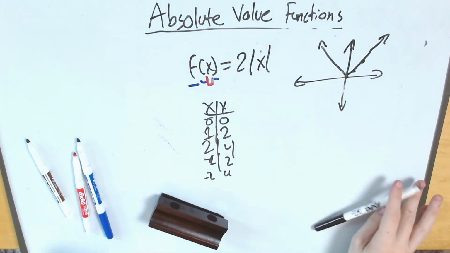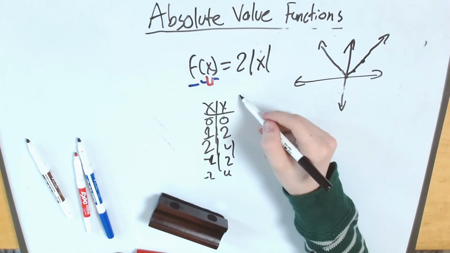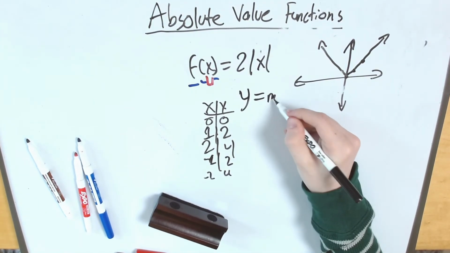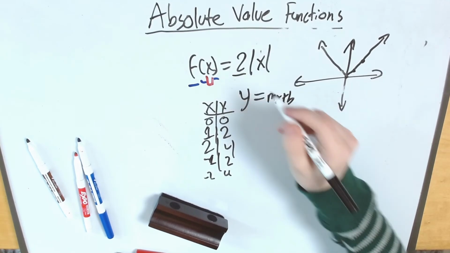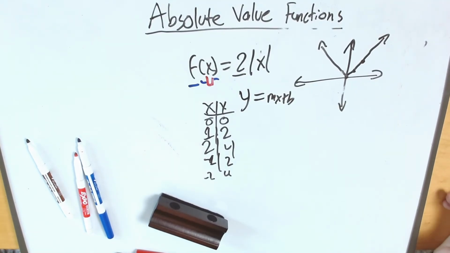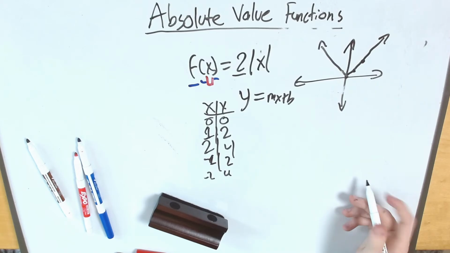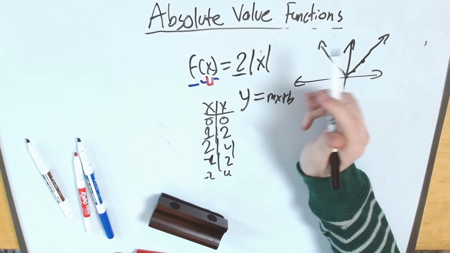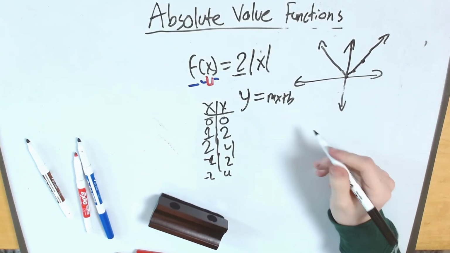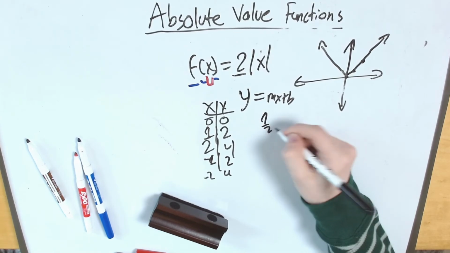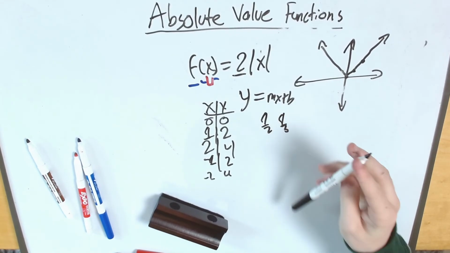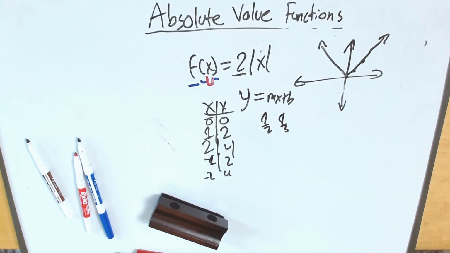Just like how we deal with slopes when we're graphing lines using y equals mx plus b, this right here refers to our slope. And just like if we were graphing lines, a value greater than 1 means a steeper slope, and a value less than 1, like 1/2 or 1/3, means a less steep slope.